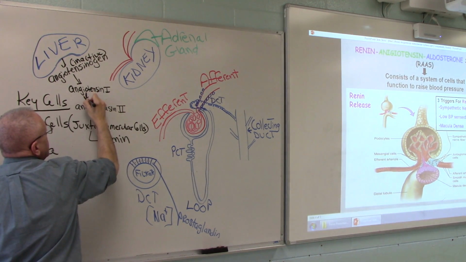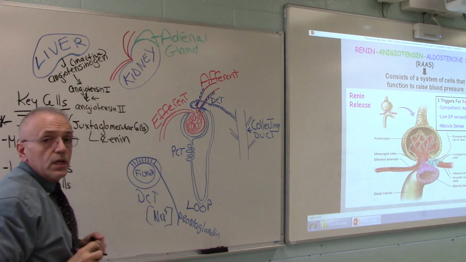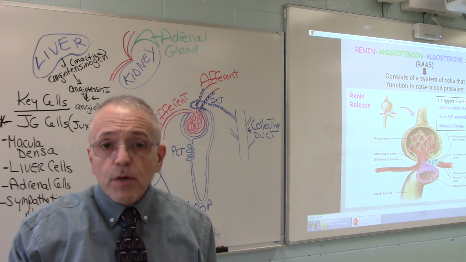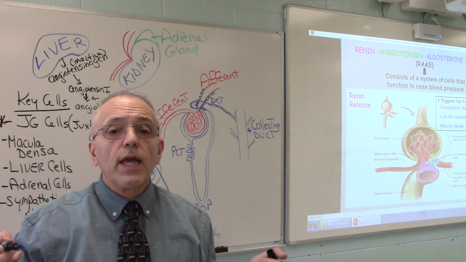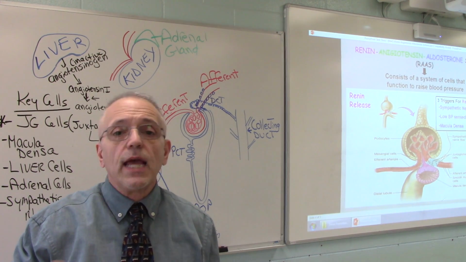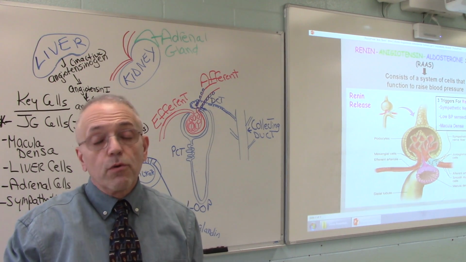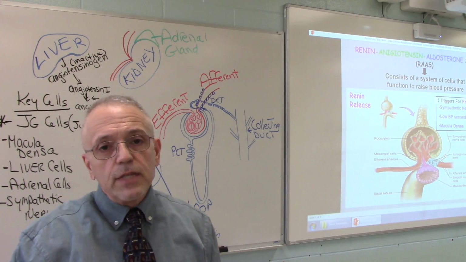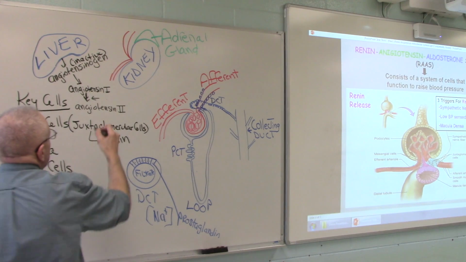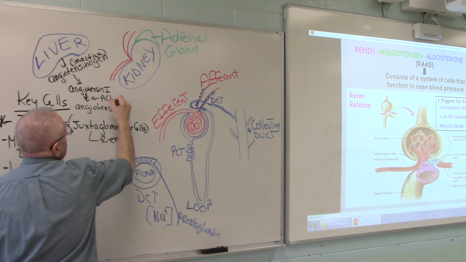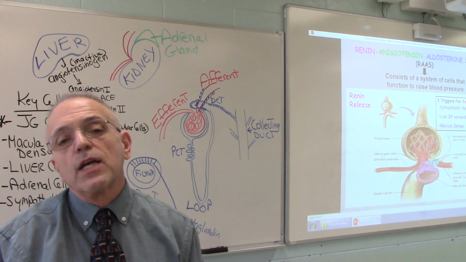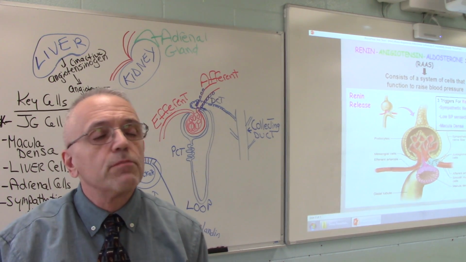by an enzyme that is also readily available, and that enzyme is called angiotensin converting enzyme, ACE. It's abbreviated ACE, a convenient acronym, for angiotensin converting enzyme. ACE is produced by special endothelial cells that line blood vessels.